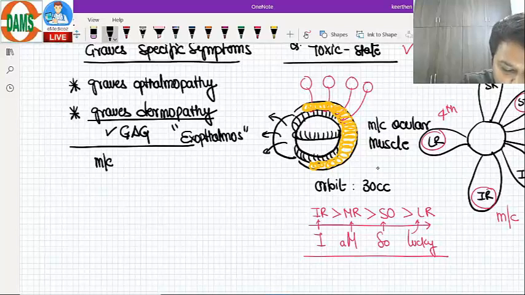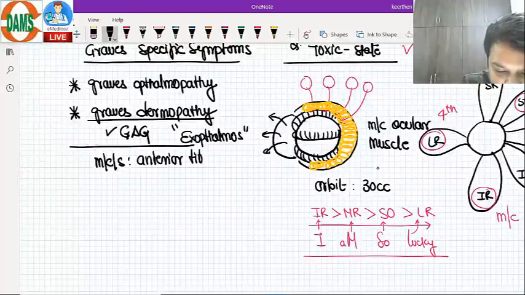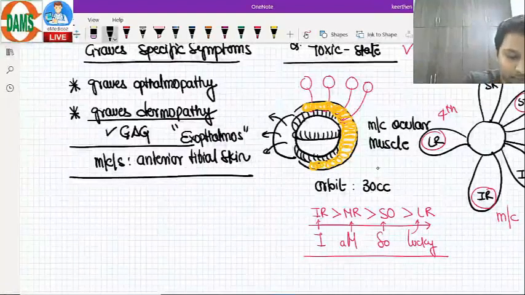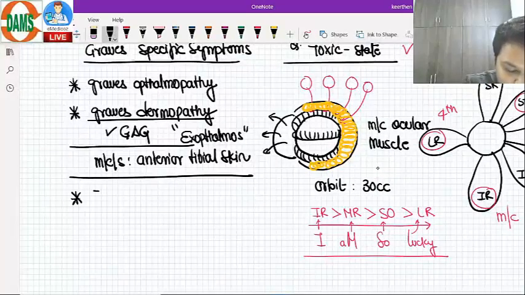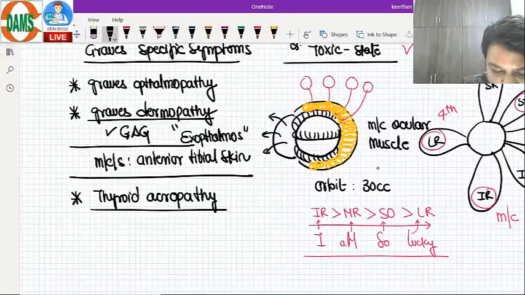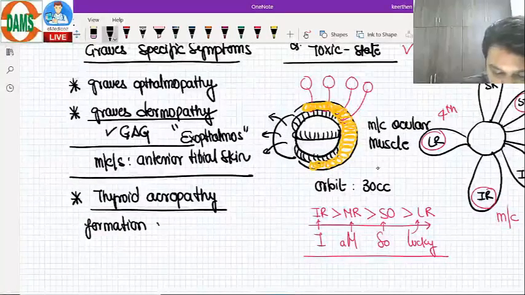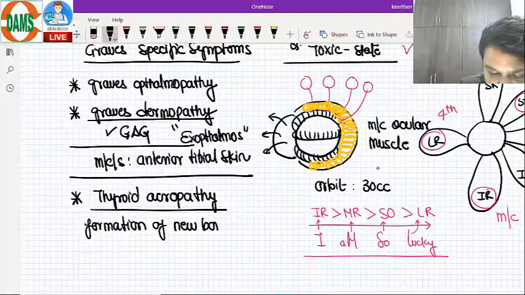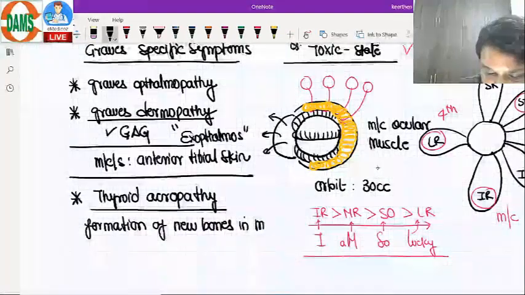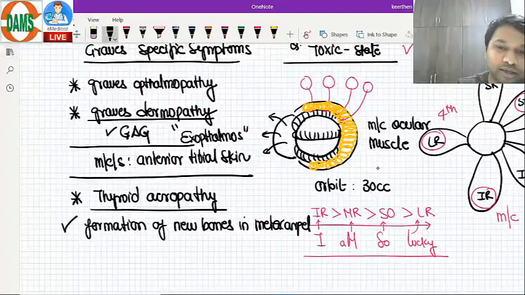The most common site for Graves' dermopathy is anterior tibial skin. That is your shin. Another one happens to be thyroid acropathy. Thyroid acropathy is formation of new bones in the metacarpals.